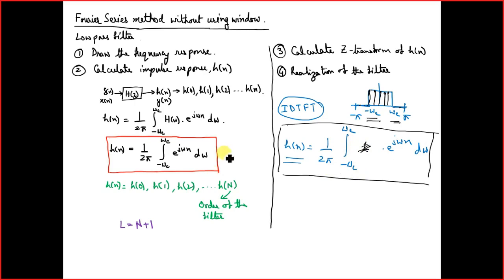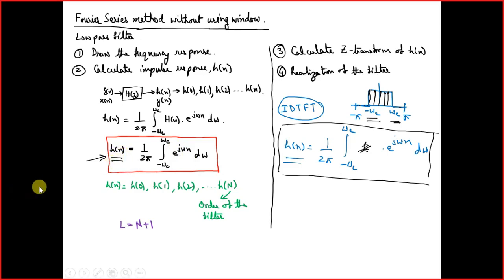So we are getting this equation: Hn equals 1 by 2 pi integral of minus omega c to omega c e to the power j omega n d omega. Now when you have this, after you do the integration, you calculate the values of Hn.